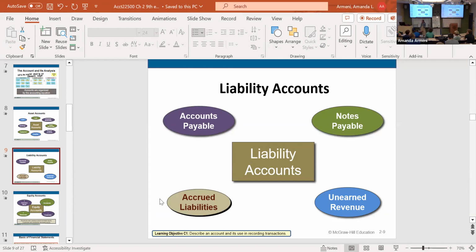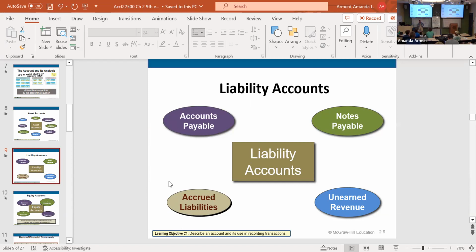Okay. So again, accounts payable is that general account name that we would use to include money that we owe for everyday type purchases. And then we can have other payables that we would call accrued liabilities, or I will probably just call them other payables. Salaries payable, utilities payable, rent payable, right?